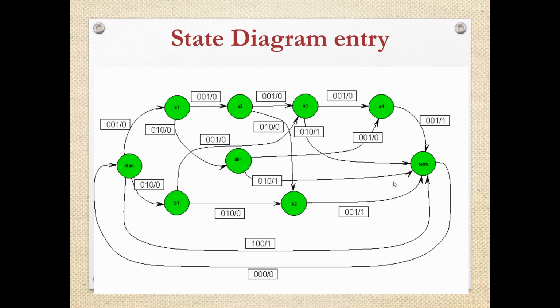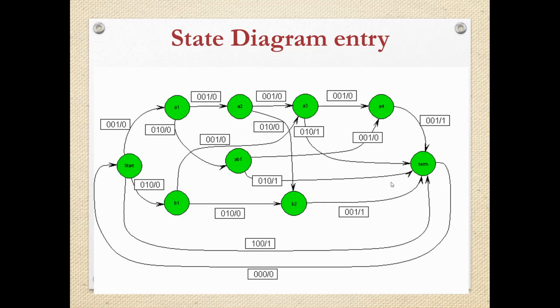This method is preferred since it is a fast way of creating designs. We can just draw the state diagram, give the state names and the conditions on which the design will move from one state to another, and easily do the design entry.